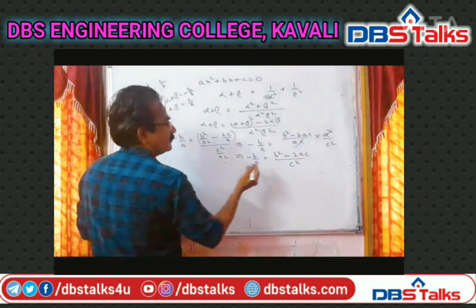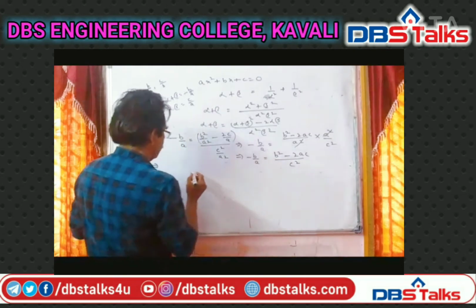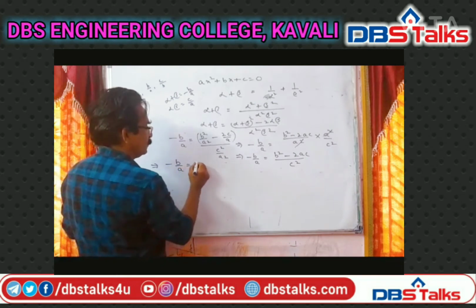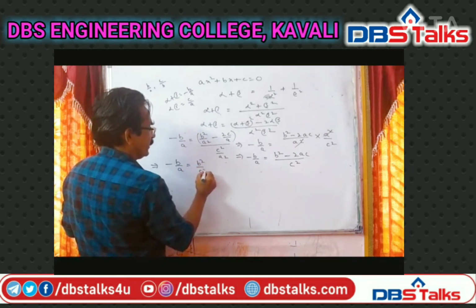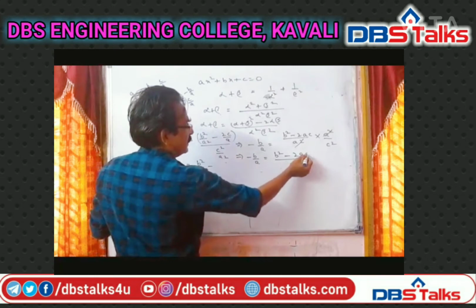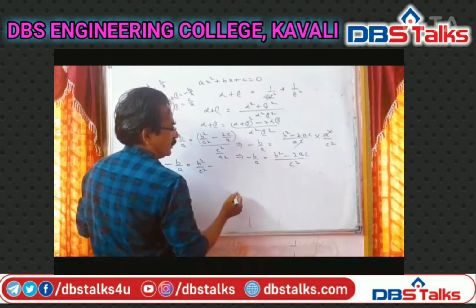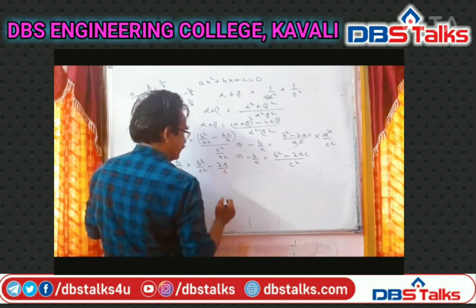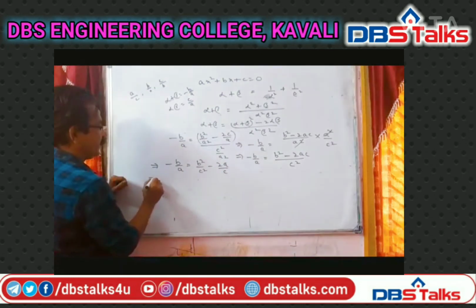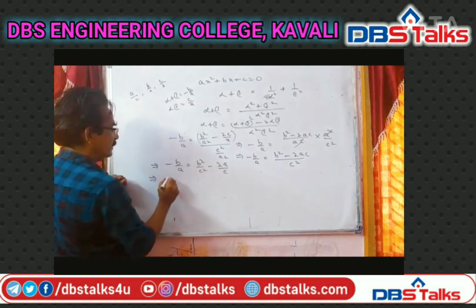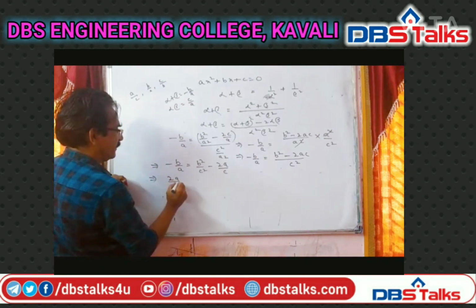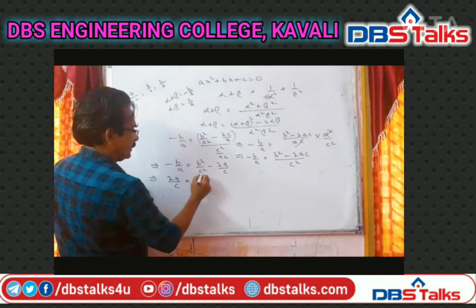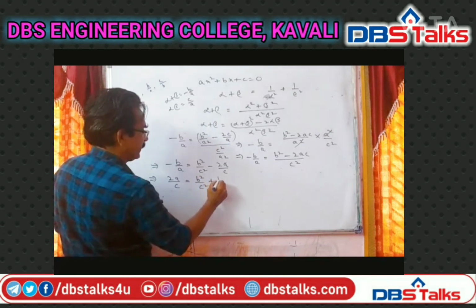It implies minus b by a is equal to b square by c square minus, dividing these two terms, 2a by c. It implies 2a by c is equal to b square by c square plus b by a.